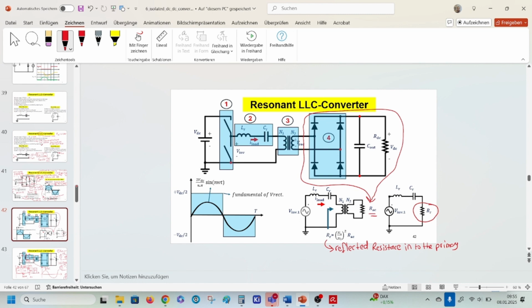That means we should use maybe a MOSFET with low RDS on. These MOSFETs at stage 1 should have less RDS on, and at the output we also have output capacitance, let's say drain source capacitance. This should also be less.